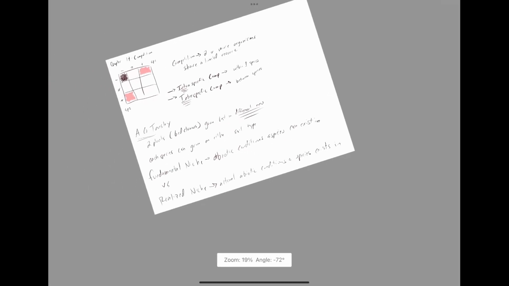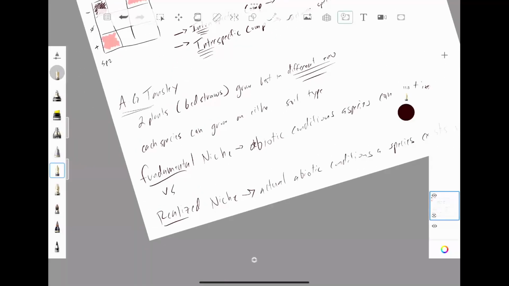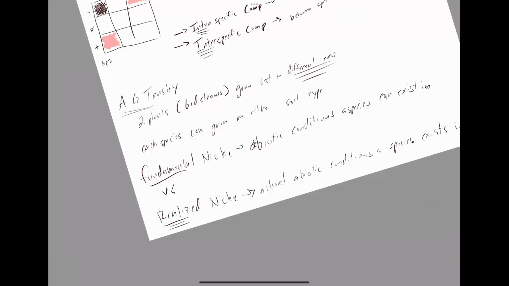And in many cases, this realized niche is a much smaller subset of conditions than the fundamental niche, right? So in the case of the bedstraws, either species can grow in either soil type. But because each of them grows a little better in one of the soil types, they outcompete the other species, and they have narrower realized niches than their fundamental niche would suggest.